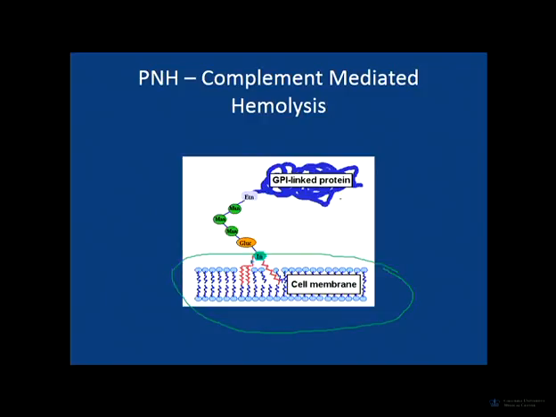And this is called the GPI anchor, the glycophosphoinositol anchor. This anchor attaches enzymes on the outside of the red blood cell to the cell membrane, and it's anti-complement proteins. When you lose this anchor, you lose anti-complement proteins on the outside of erythrocytes, which makes them susceptible to hemolysis.